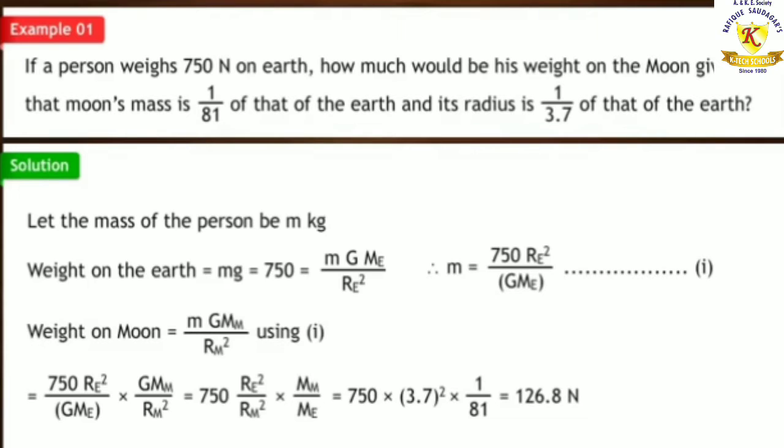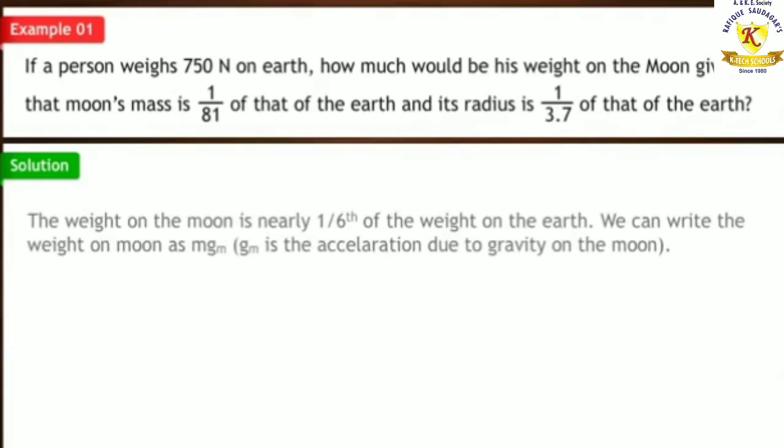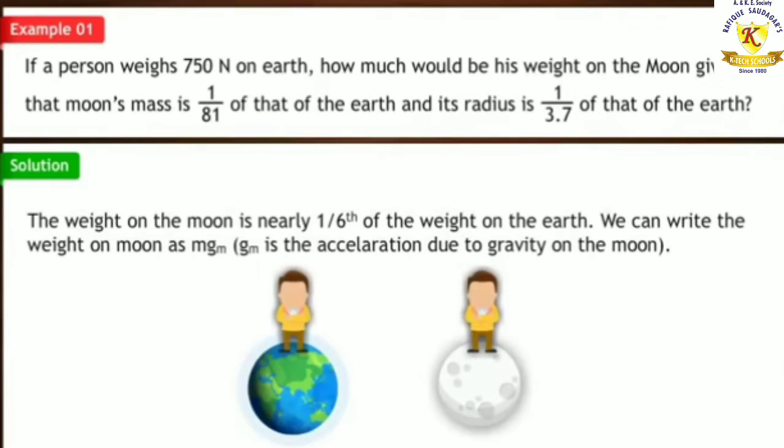We get 750 multiplied by 3.7 the whole square into 1 upon 81. The answer is 126.8 N.